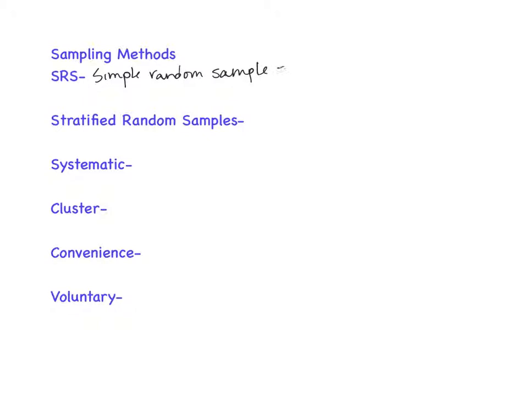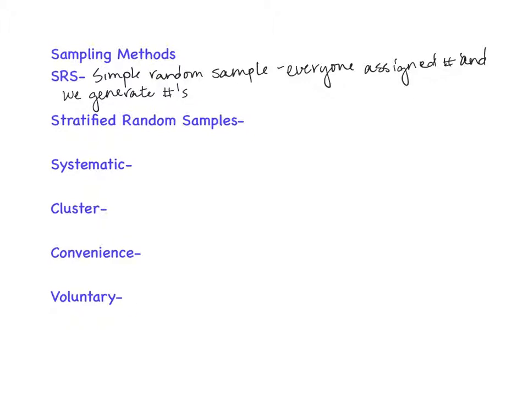Everybody's assigned a number, and we randomly generate numbers to get our sample. Everybody has the equal chance. Every group has an equal chance. Every combination of people has an equal chance of being picked.